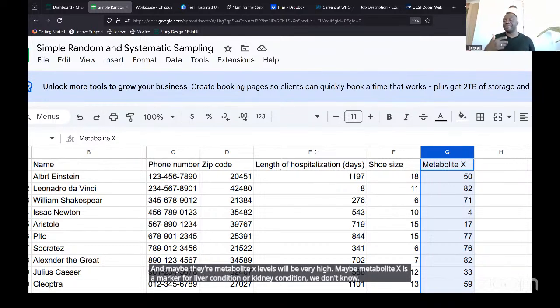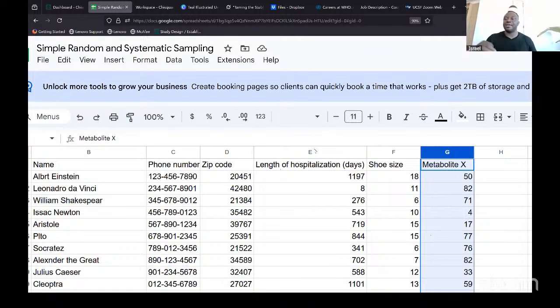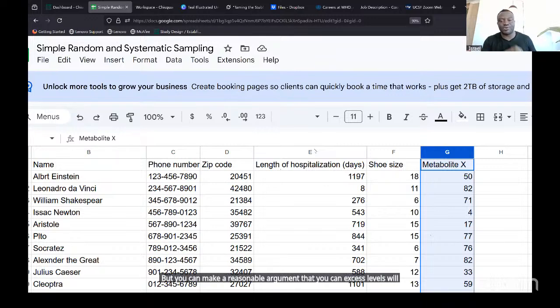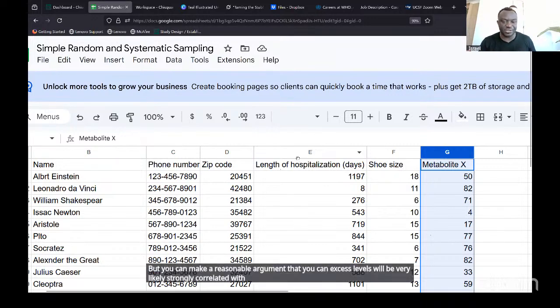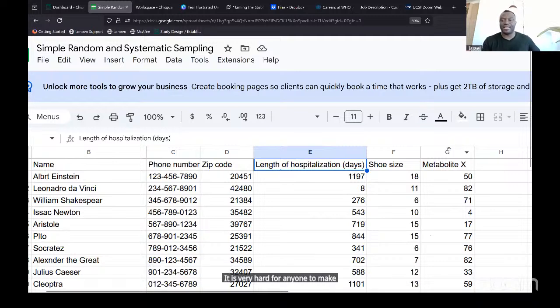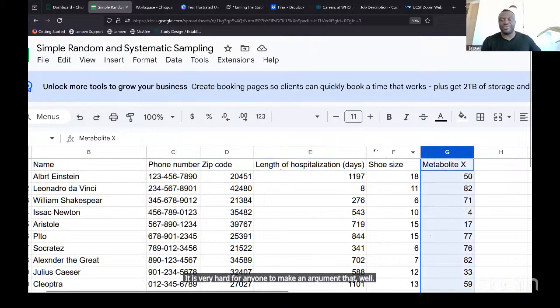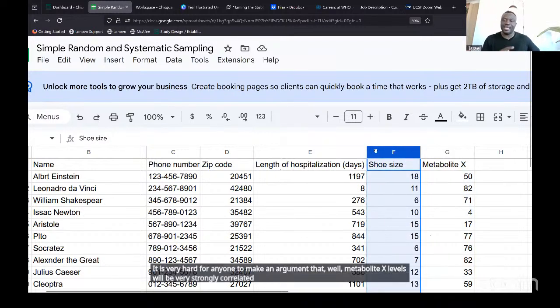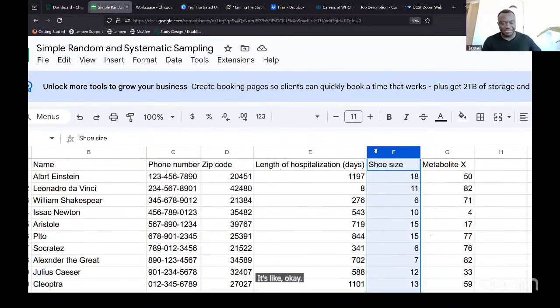But you can make a reasonable argument that metabolite X's levels will be very likely strongly correlated with length of hospitalization. It is very hard for anyone to make an argument that, well, metabolite X levels will be very strongly correlated with shoe size. It's like, okay, what's the mechanism for that? Like, how would you make that argument, right?